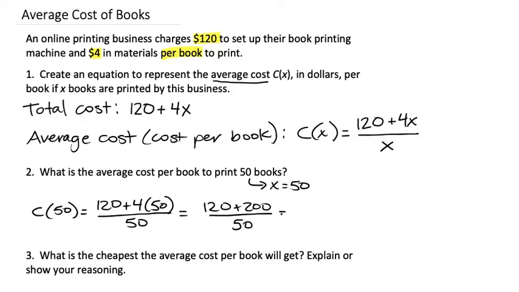I recommend using the Desmos calculator at desmos.com, or you can download their phone app to your phone. It works much better than the iPhone calculator on your phone. So 320 divided by 50, that would be $6.40. So if I'm printing 50 books, my average cost is going to be $6.40 per book.